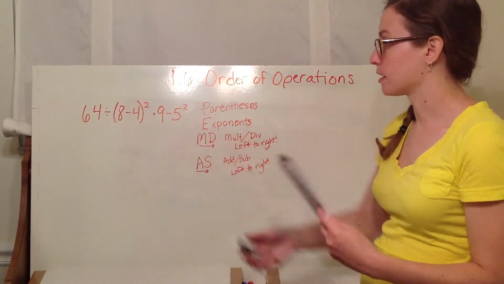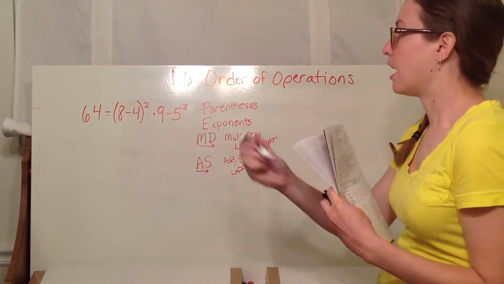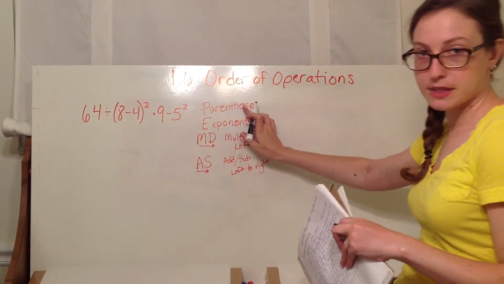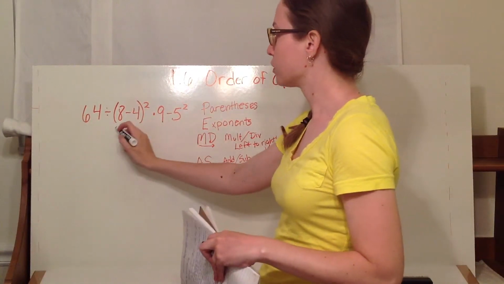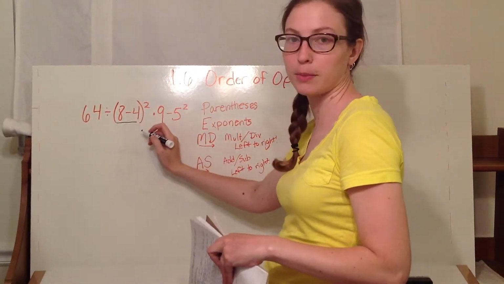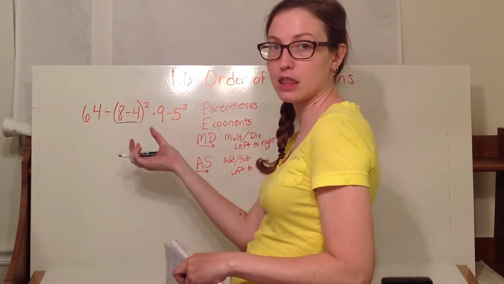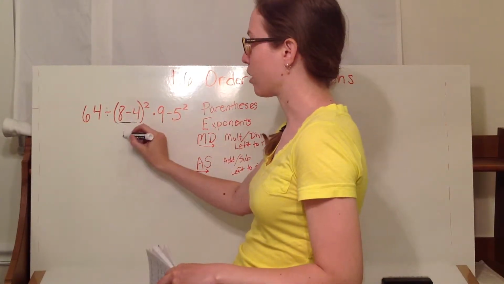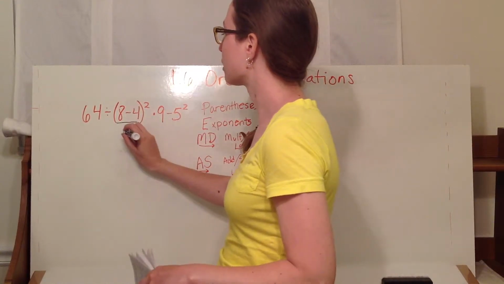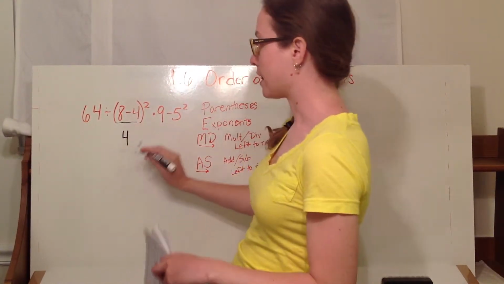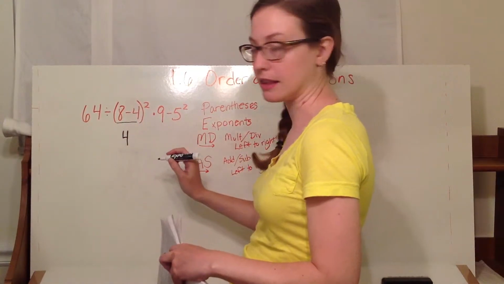So I'll do this one. P, parentheses, comes first. So this is the operation I'm going to do first. 8 minus 4 is the only thing in those parentheses. And so I perform that operation. And then everything else comes down exactly the same.